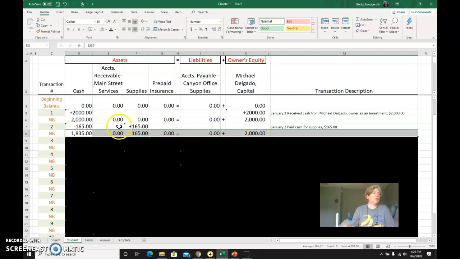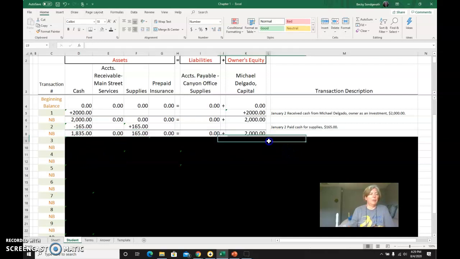And I want to make sure it equals. If I add up the left-hand side, 1,835 plus 165 is $2,000. And then the right-hand side, 0 plus 2,000 is $2,000. So I'm equal. $2,000 equals $2,000. So I am happy. Then I'm going to go to the third transaction that happened.